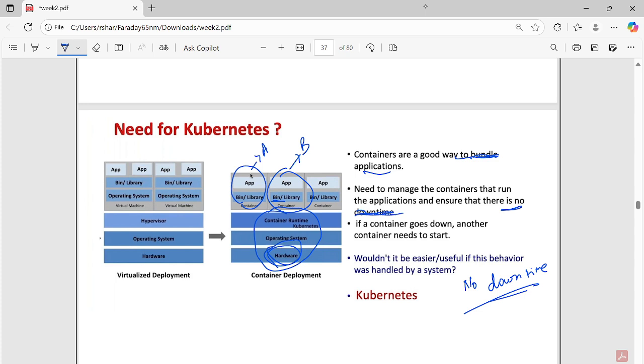So if this downtime is handled by some system, instead of a person monitoring it, we want monitoring done by software. Even if the nodes go down or something happens, we have some sort of redundancy in the system.